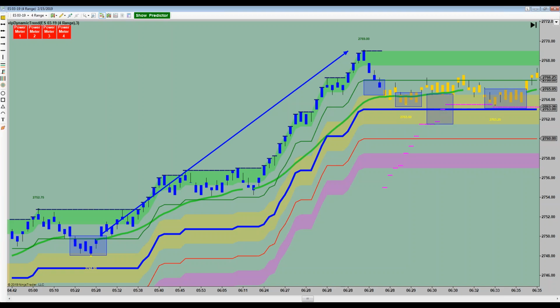So think of it this way. Let me give you an easy way to think about this. When you're in a trend and the bars are pushing the outermost limit, in an uptrend, it's going to be pushing bands 7 and 8.